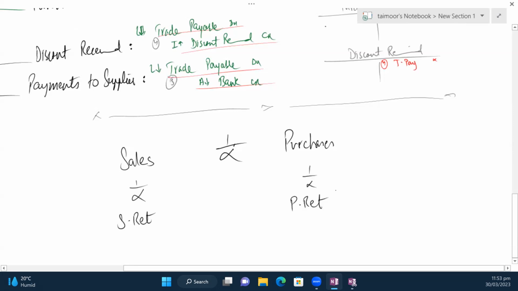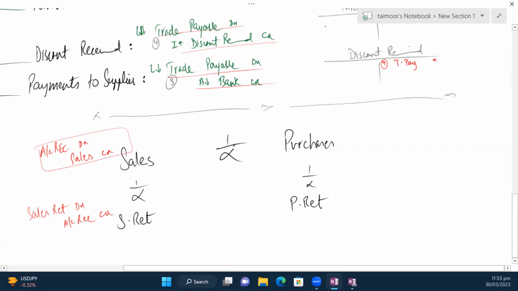purchase return. तो आप एक एंट्री याद कर लें, सेल की एंट्री याद कर लें, अकाउंट रिसीवेबल डेबिट एंड सेल्स क्रेडिट। तो इसकी ऑपोजिट एंट्री क्या होगी सेल्स रिटर्न की? The entry would be sales return debit and account receivable credit. अब सेल्स की ऑपोजिट होती है परचेज, तो परचेज की एंट्री क्या होगी?